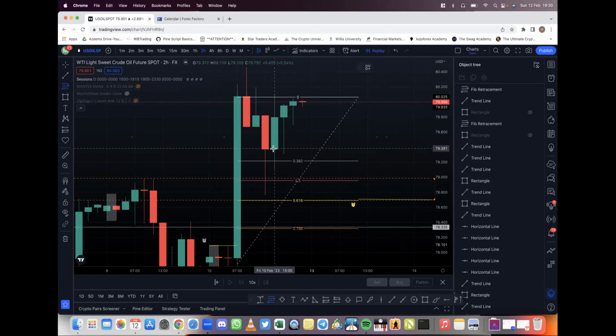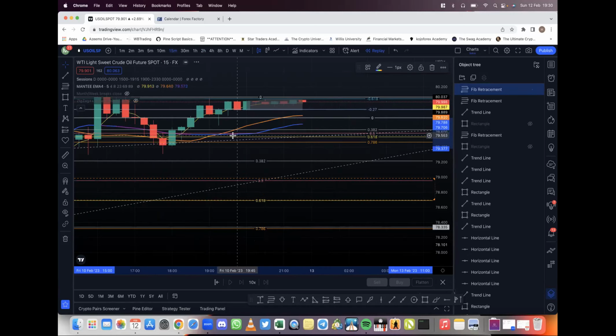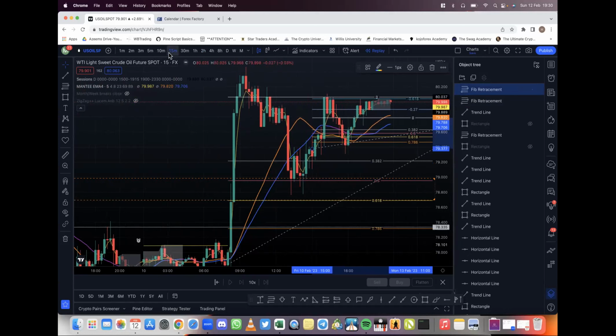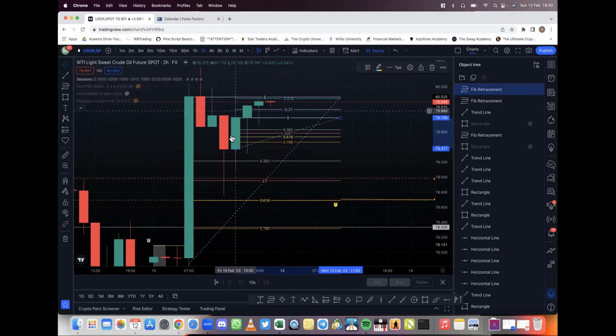So what would we do to the bodies? Do you see where the candle wicked? You wicked the 78 true to this thing. So now let's go to the 15 minutes and see what we can see. Let's go back so I can take the old Fibonacci. The old Fib.